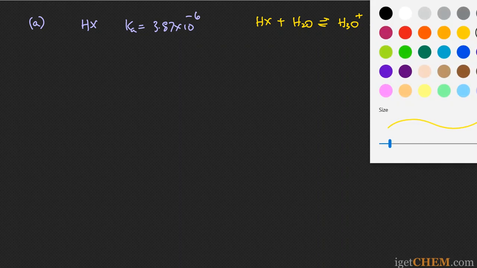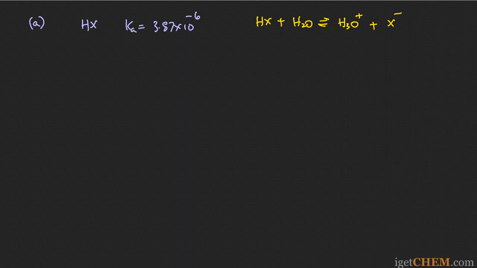So in this case, what is acting as the acid, on the left side of the equation, is HX. And then on the right side of the equation, the conjugate base of HX is X minus.